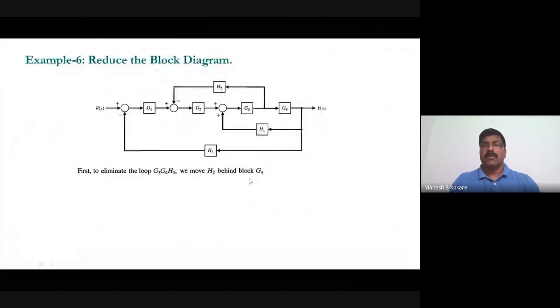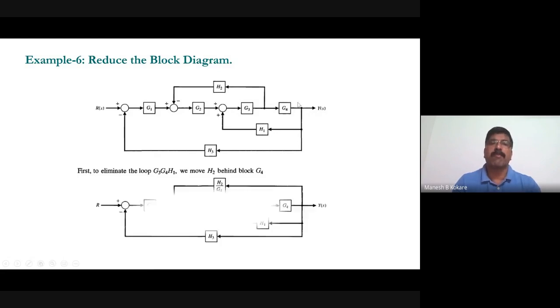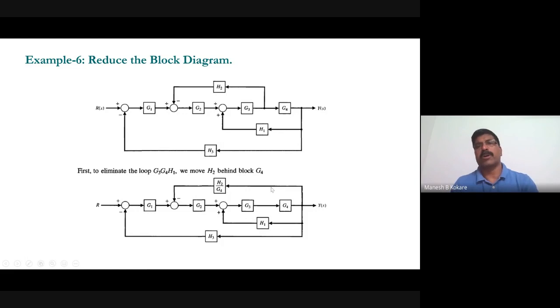If you shift this takeoff point after this block, you have to modify the gain by dividing by Z4, so this will be H2 by Z4. We have to add one more block here whose transfer function is 1 by Z4, and I have written directly H2 by Z4, right?